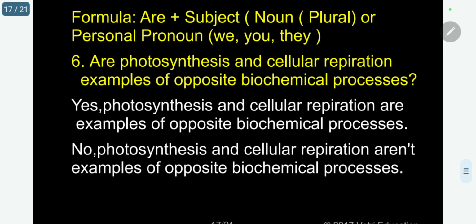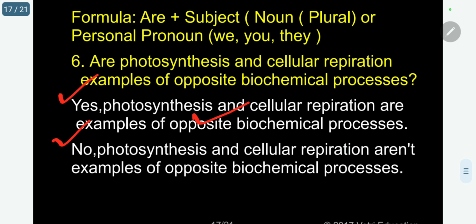If it is yes, we will give the answer yes: photosynthesis and cellular respiration are examples of opposite biochemical processes. If it is no, photosynthesis and cellular respiration aren't examples of opposite biochemical processes.